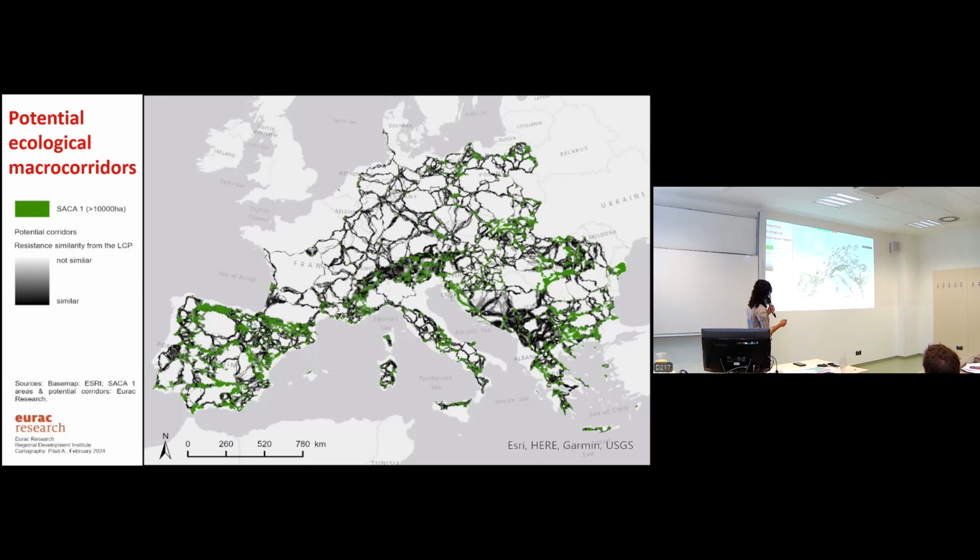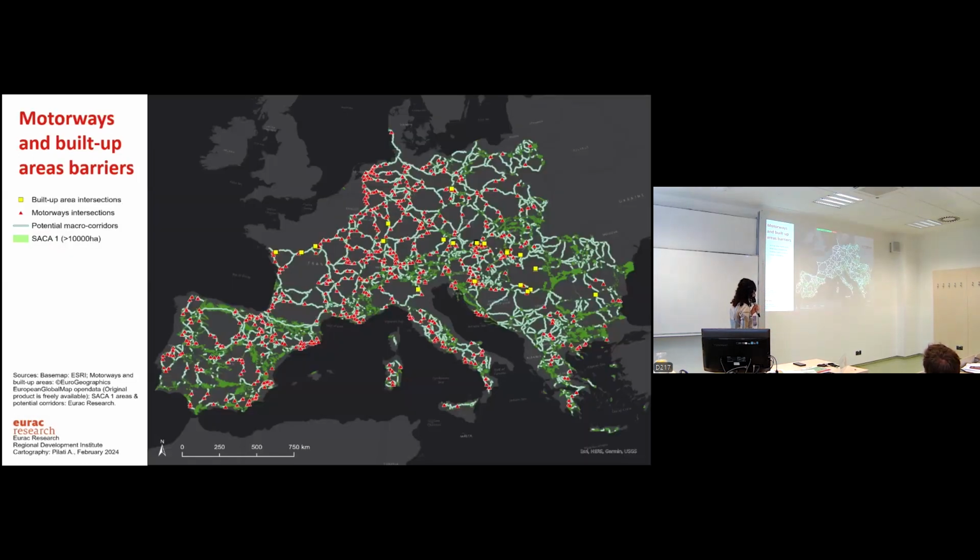Okay, so starting from this result, a lot of different analyses can be conducted, and we thought it was important to study the intersection with the motorways. So here in blue, you can see the previous potential macro corridors, and with the red triangle, you can see the intersection between them and the motorways.